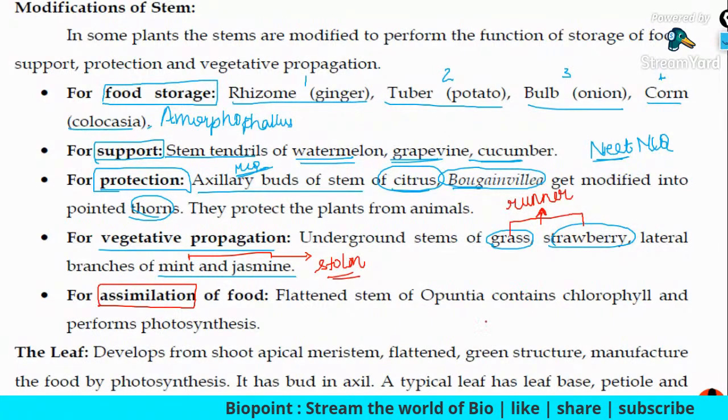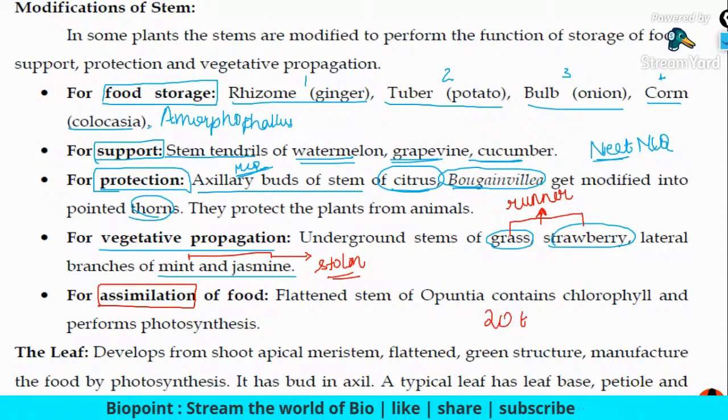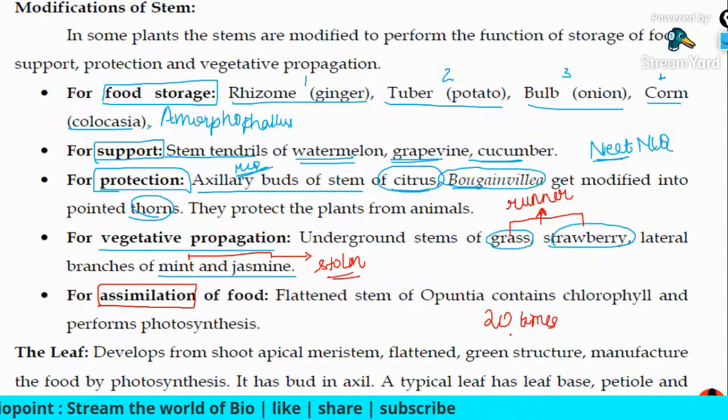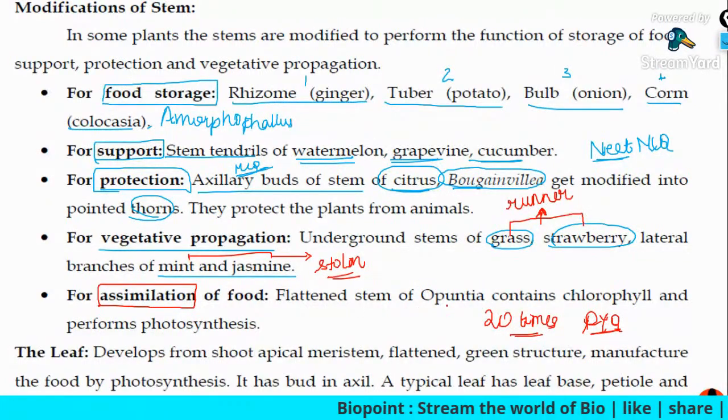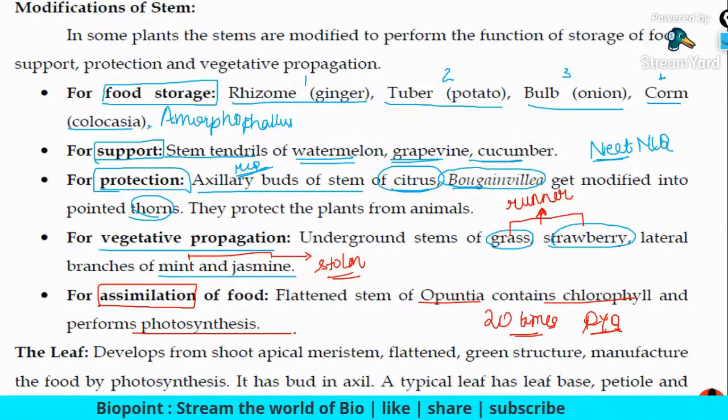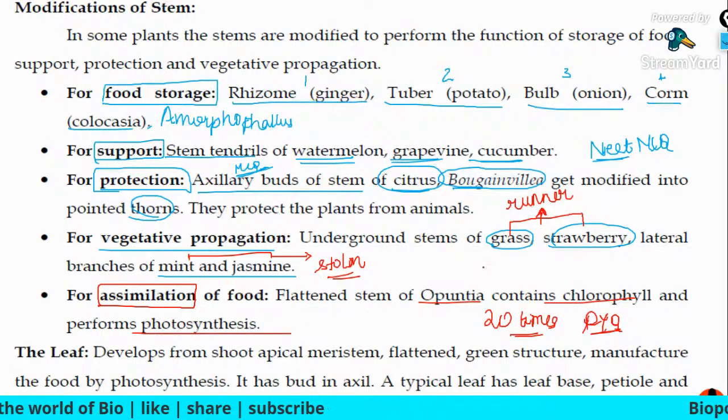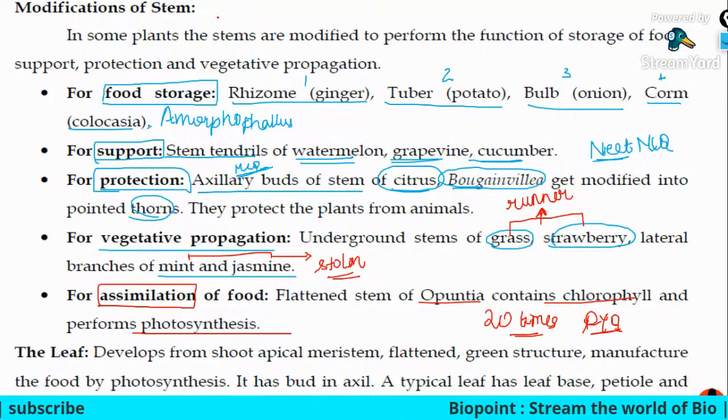Next, for the assimilation of food. Very important, at least 20-25 times repeated PYQ. Take it down by your NCERT. The same statement from NCERT has been repeated. Flattened stem of Opuntia contains chlorophyll and performs photosynthesis. Clear? And we missed out a particular point, that also I will write.